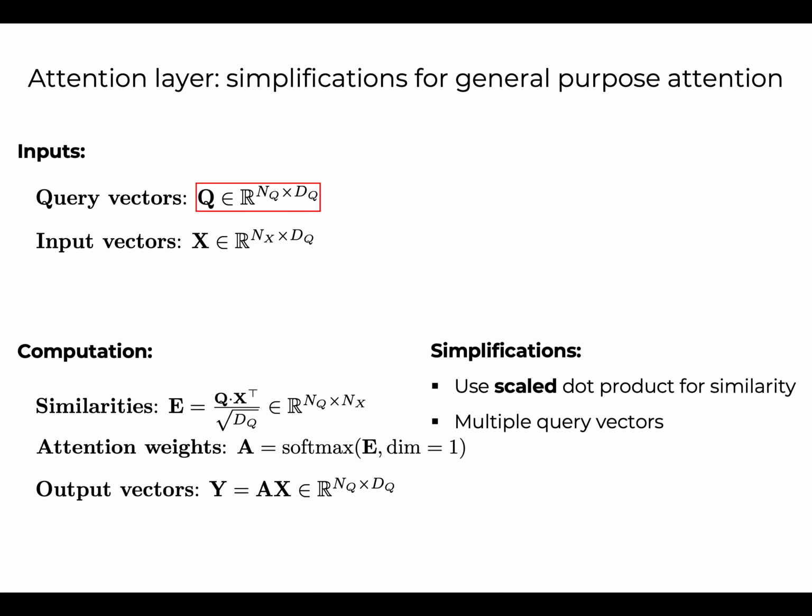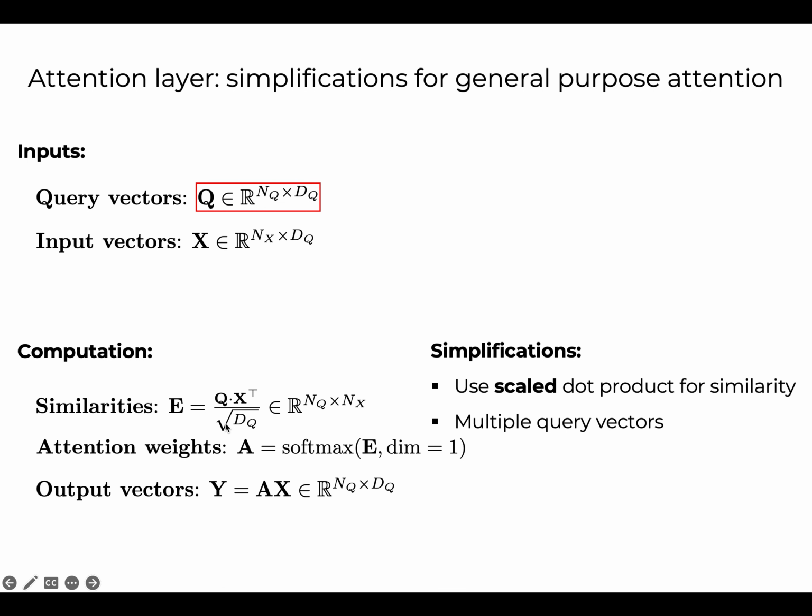So instead of just having a single input query vector, we'll input now a set of query vectors which we can store in this matrix Q. We can also write our input vectors as a matrix X, and it has this nice property that all of those dot product similarities can be computed in one go by just doing a matrix multiplication between the query vectors and the input vectors. Note that they have to have the same dimensionality, but we don't necessarily need to have the same number of those two things.